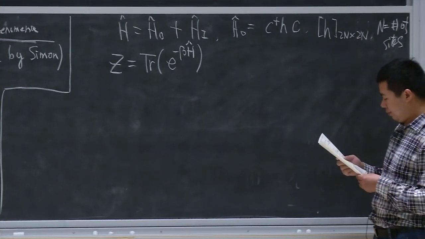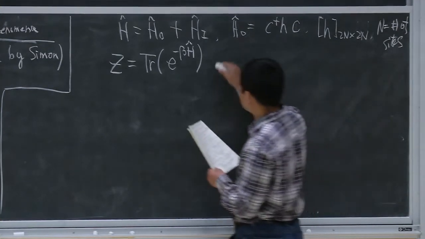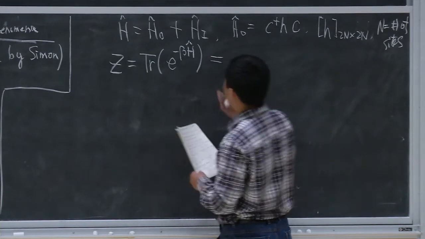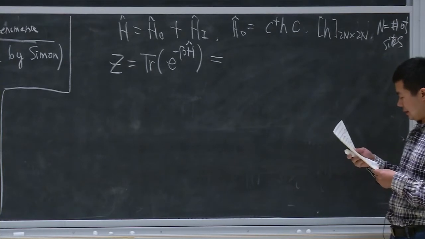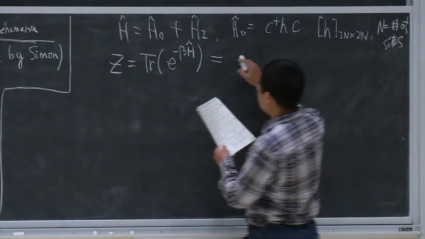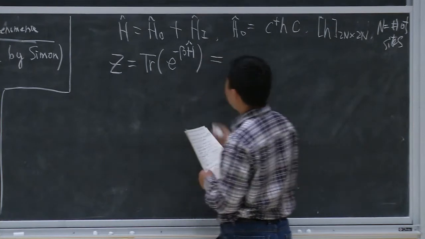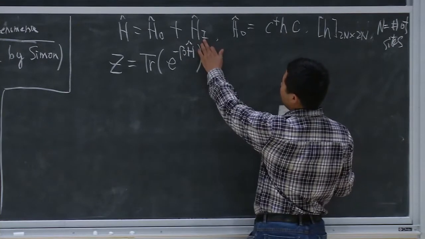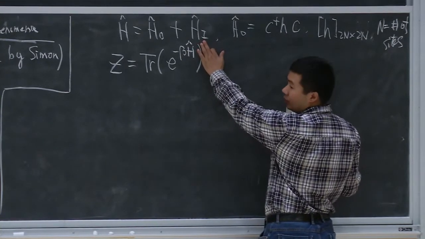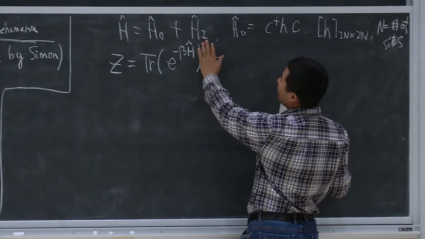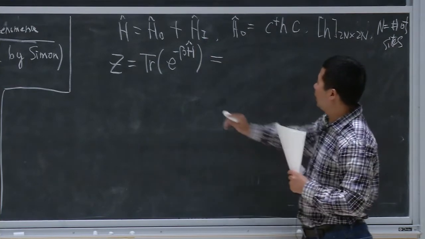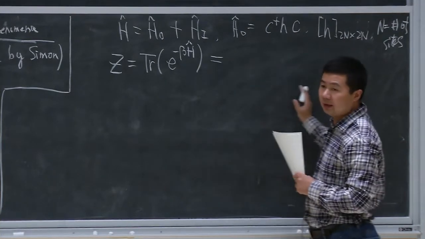But we can use quantum Monte Carlo to do the trace. Here H_I is an interacting term, which is the four-fermion interaction. So for an interacting model, we don't know how to do the trace in some efficient way.